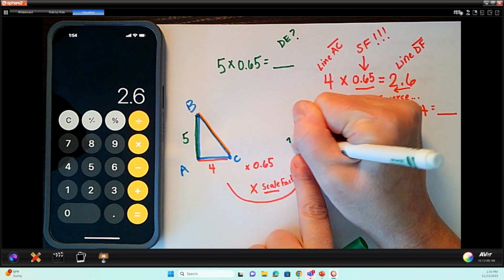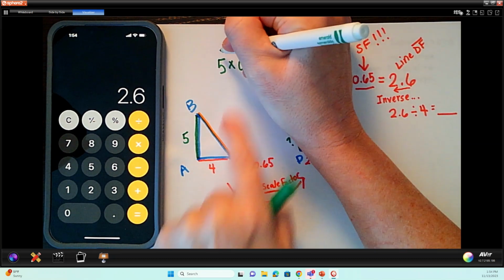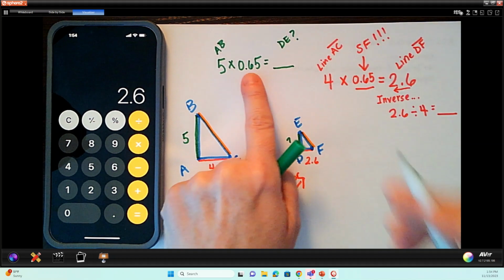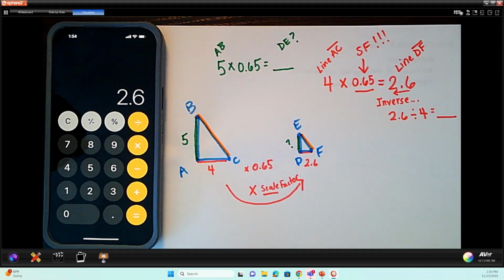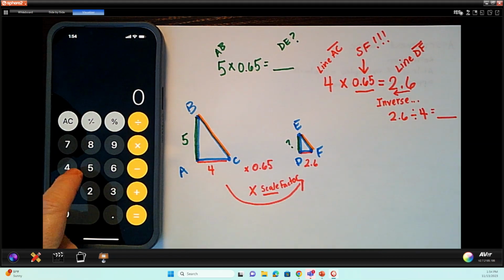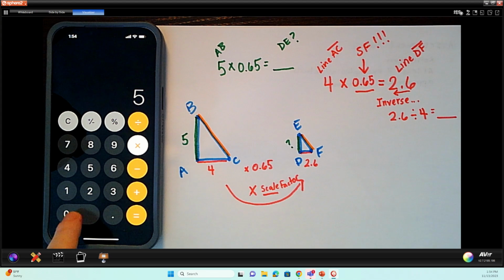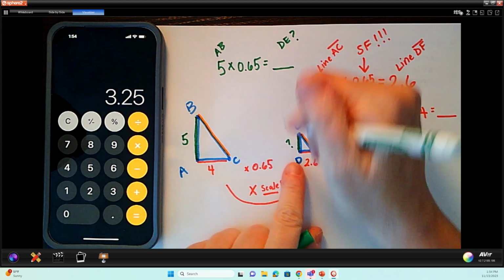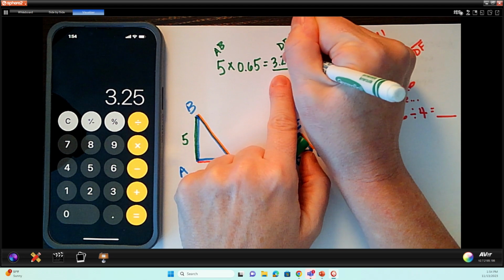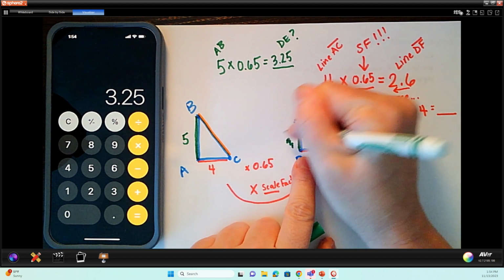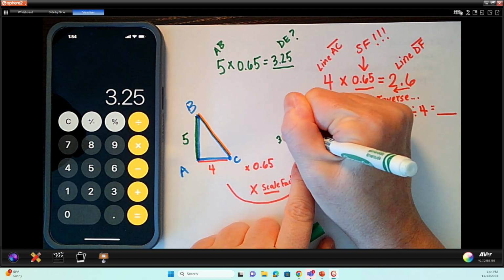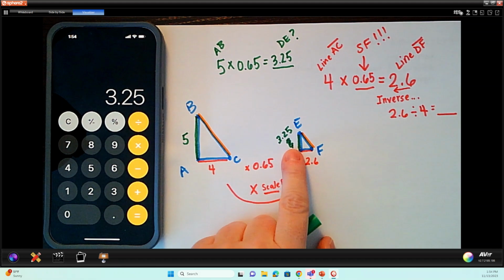I know AB is 5. I know the scale factor, so let's see what DE would be. Okay, 5 times 0.65. 3.25. Okay, so now I know DE is 3.25. I just figured out the mystery.